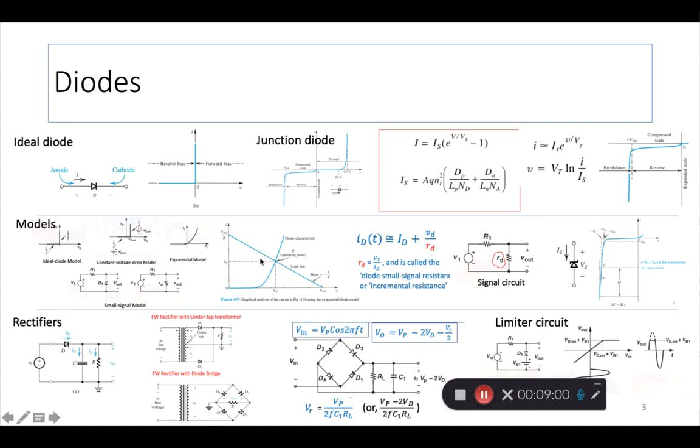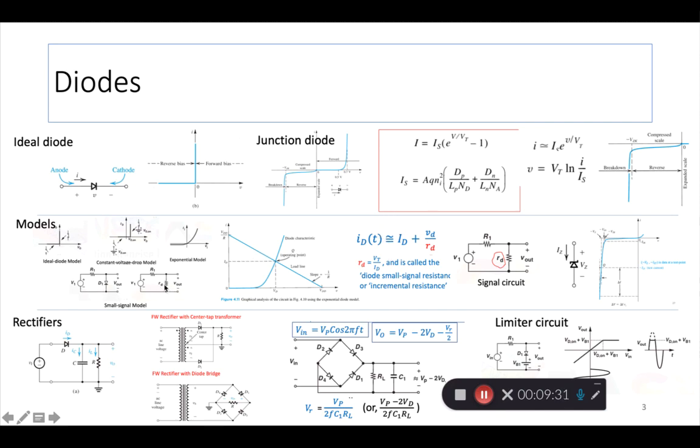As long as the signal is truly small, right? Once the signal becomes very large, then you are not in the linear portion of the operating characteristic anymore, and so you cannot use the small signal model. But if the signal value is very small compared to the biasing values, then you can use the small signal approach.